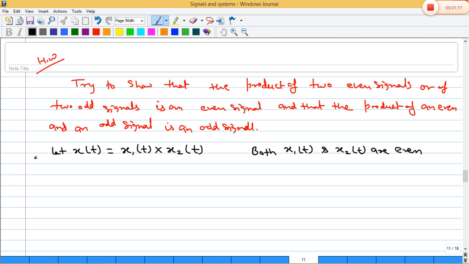I am taking first of all both signals as even. If both signals are even, then what will be the condition of even? x1(t) is equal to x1(-t). Similarly, x2(t) will be equal to x2(-t), because this is the condition for an even function or even signal.